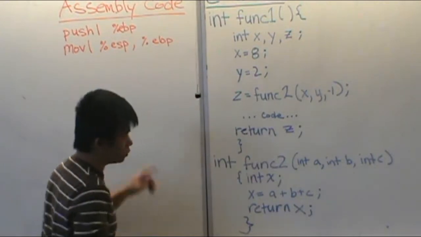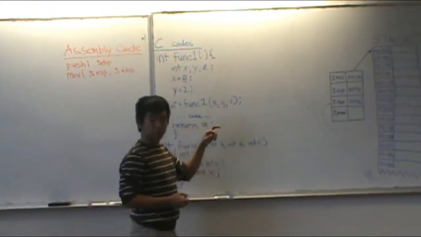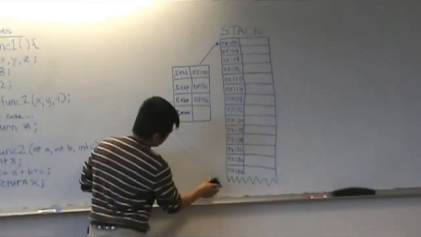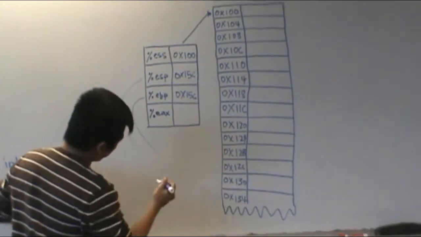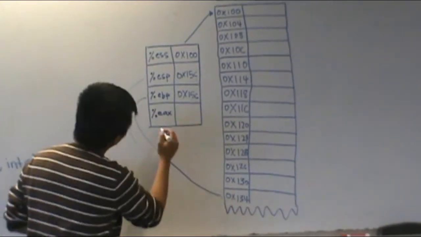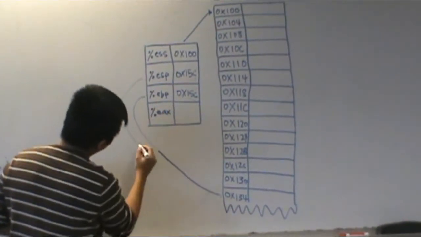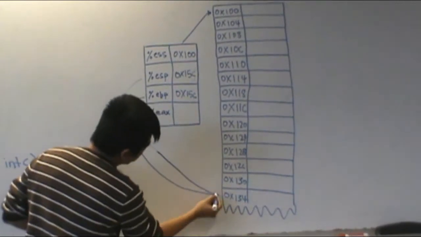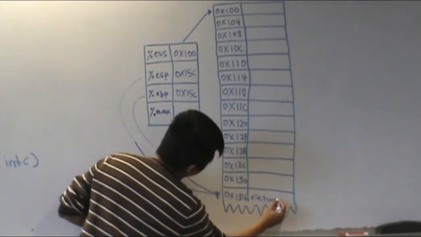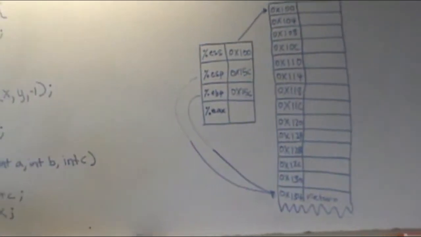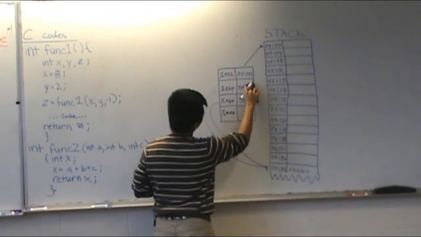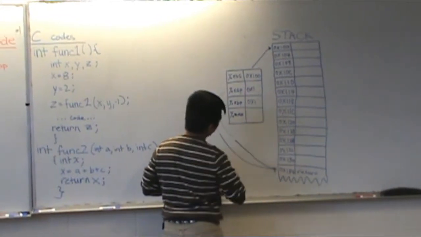So basically, these 2 command lines will move the pointer first to 134 with the push EBP, and then the move ESP to EBP is the same thing. We move to this address, and this will be the return address once we come down to here. So EBP and ESP address value will be 134.